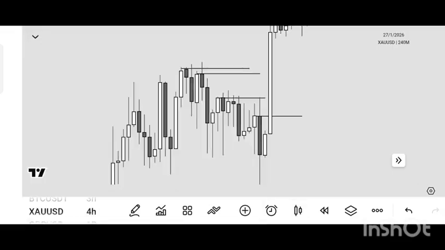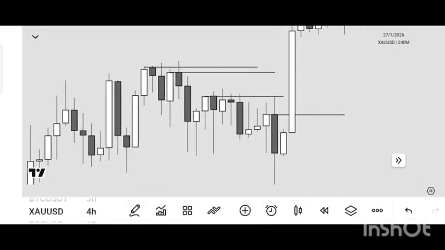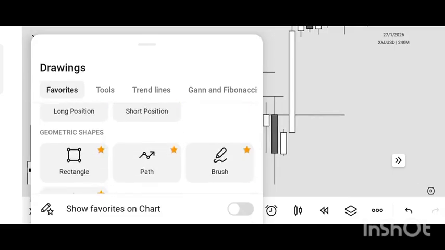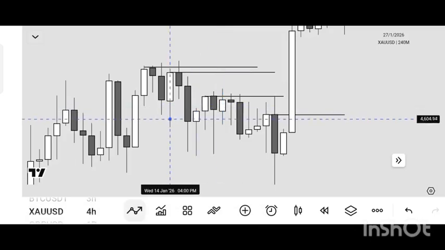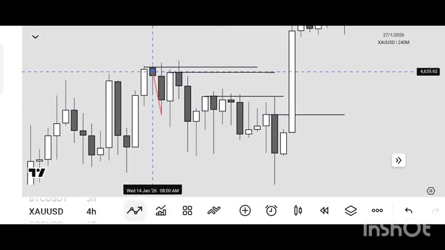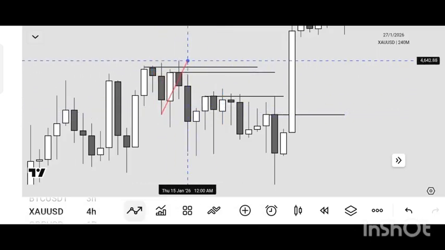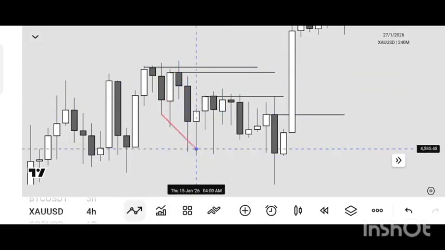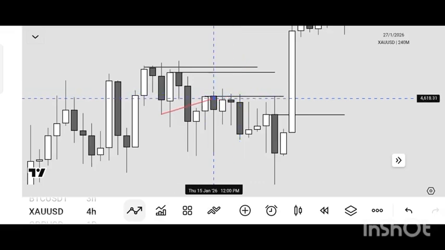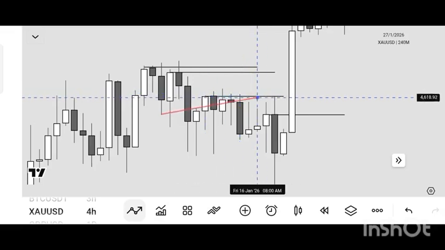And what do you see that price did? Price just came into the A-shaped key level, and what did price do? Price sold. Here also price came into this particular A-shaped key level, and what did price do? Price sold.